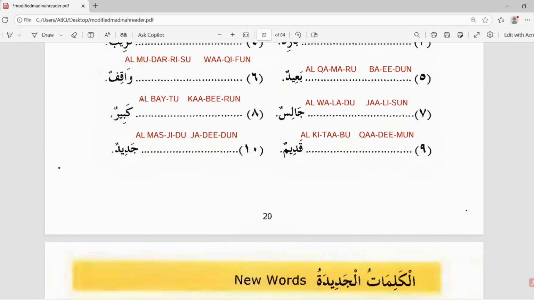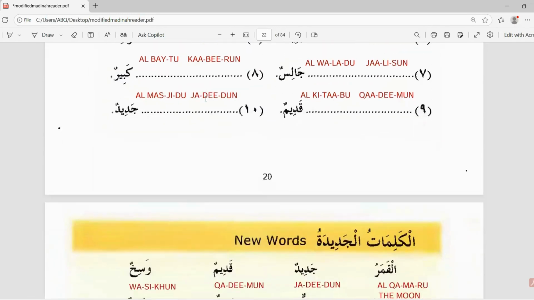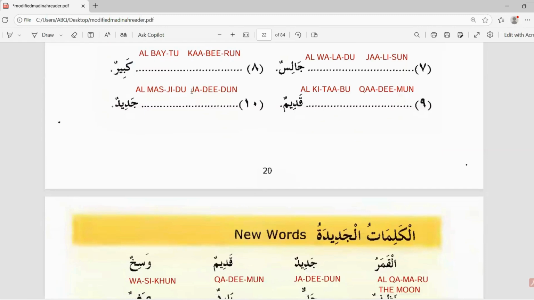So al-baytu kabirun, the house is big. Then you've got jadidun. Jadidun means new. Al-masjidu jadidun, the masjid or the mosque is new.